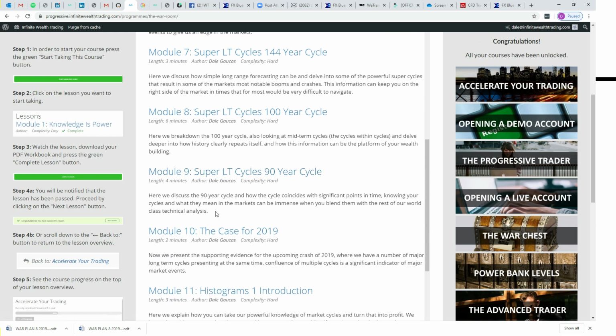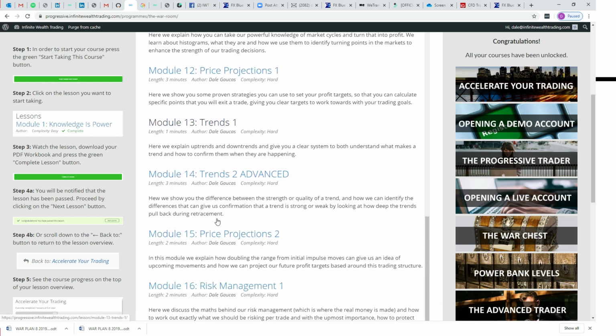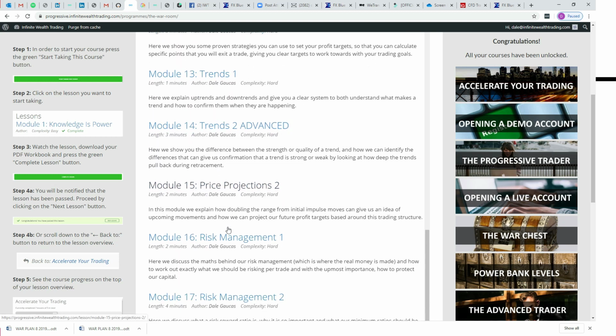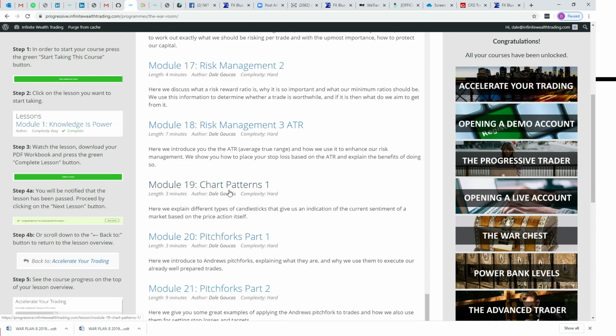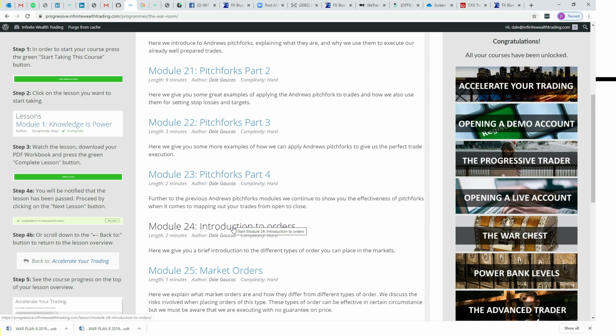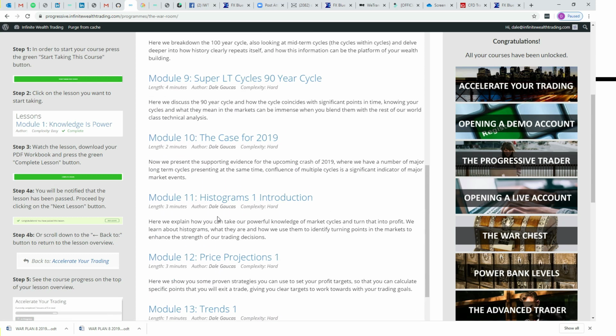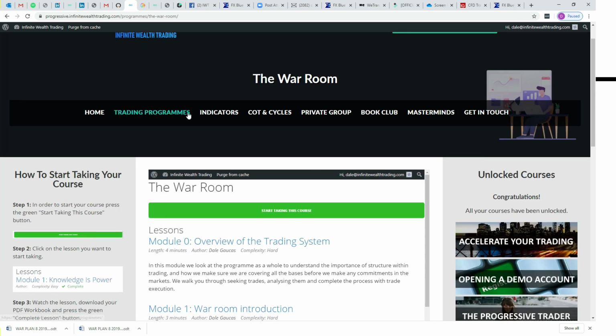You've also got the case of 2019, histograms, price projections, trends, advanced price projections, risk management, average true range stops, charting patterns, pitchforks, introduction to certain orders. It really is fully in depth. So that's step one of the War Room.